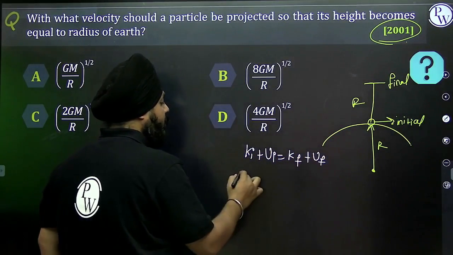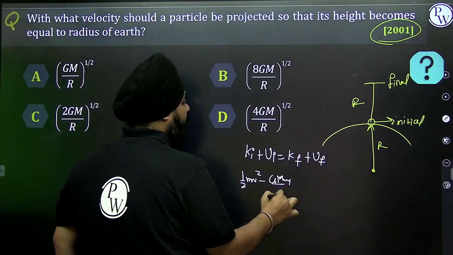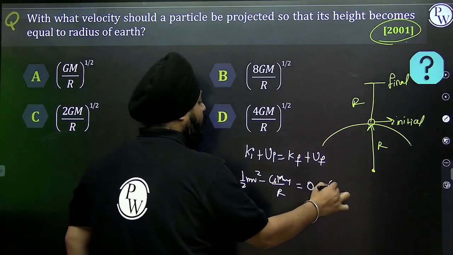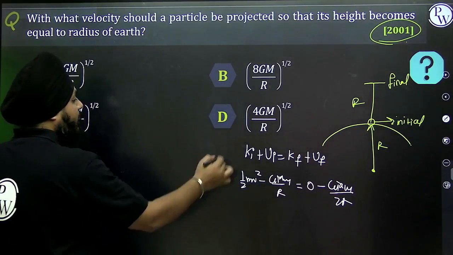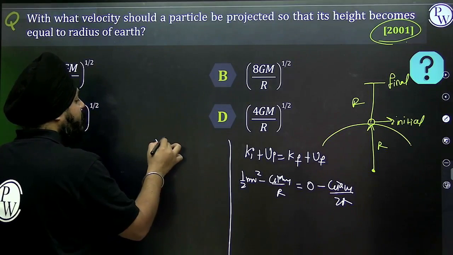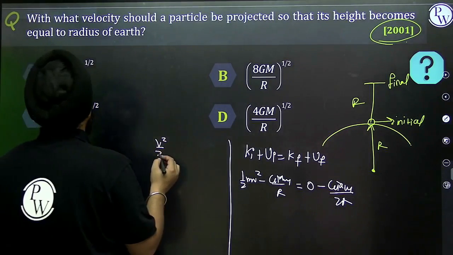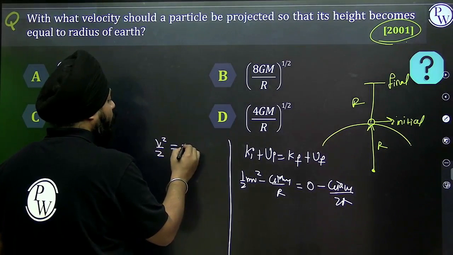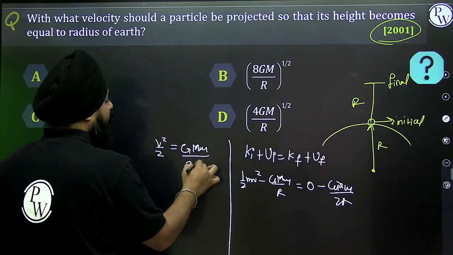Initial is half mv square, potential energy minus G M m whole divided by R, final kinetic is 0, potential minus G capital M m whole divided by 2R. So v square by 2 is equivalent to G capital M whole divided by 2R.